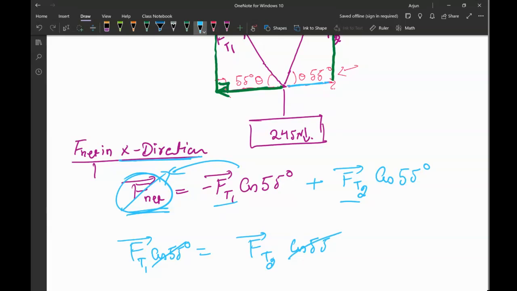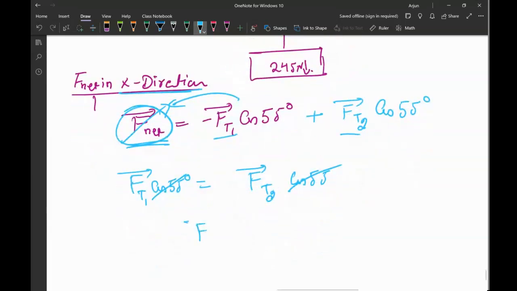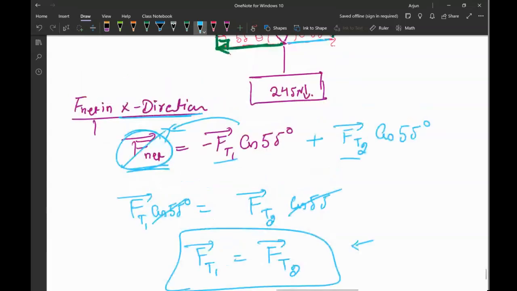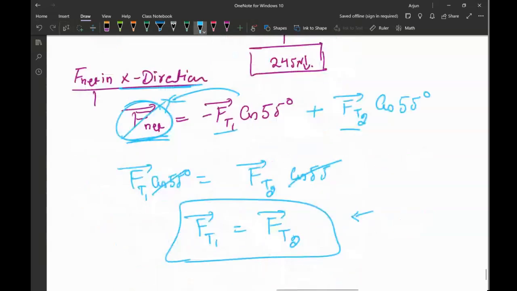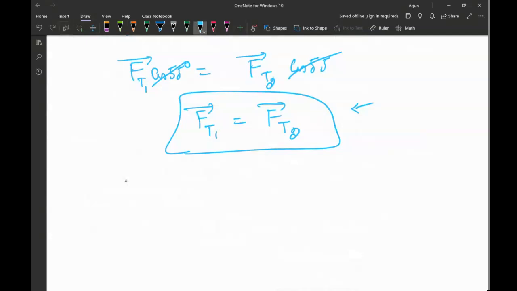And then I can cancel the cos 55 on both sides. ft1 equal to ft2. So from here, I've been able to figure out that these two forces are equal. Although I haven't been able to figure out the value, I've been able to figure out that they are equal.